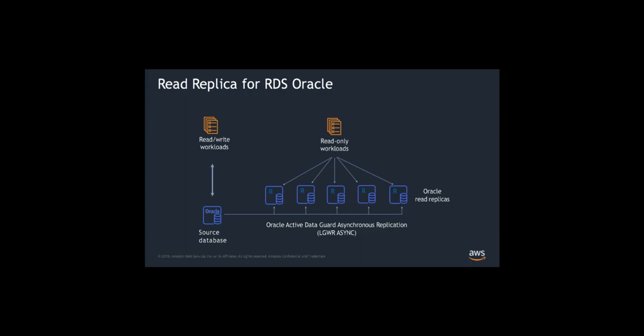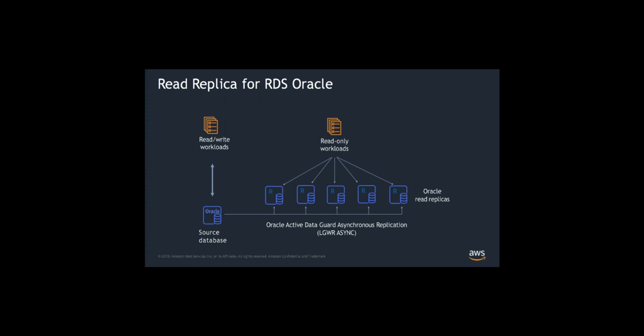Amazon RDS for Oracle Read Replica uses Oracle Active Data Guard between the primary and the Read Replica DB instances. The primary and the Replica DB instances operate in Data Guard maximum performance mode, which uses log writes asynchronous transport.